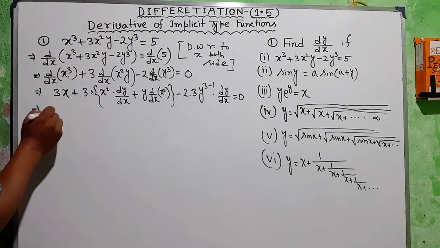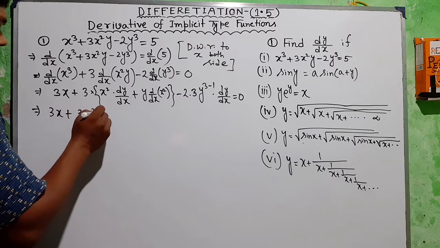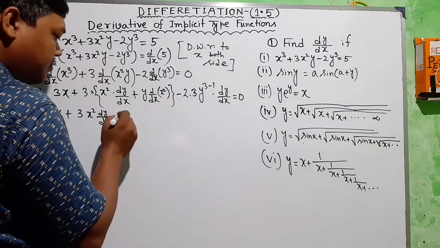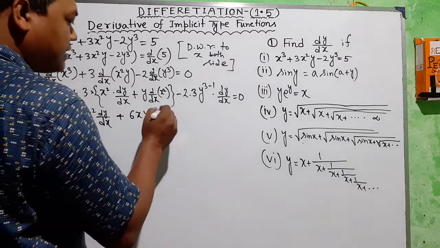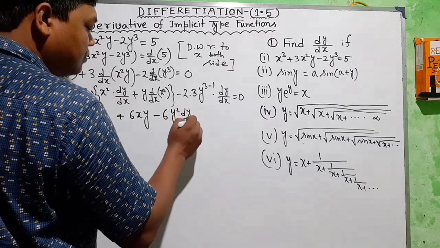Now simplify it: 3x square plus 3x square dy/dx, and this is 2x, after differentiation we will get 6xy minus 6y square dy/dx equals 0.